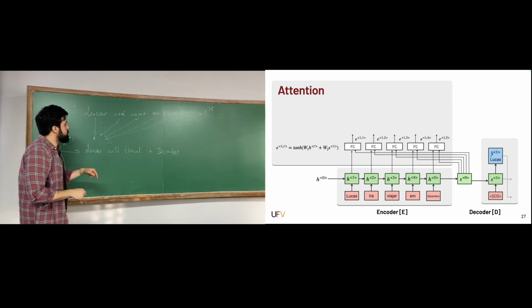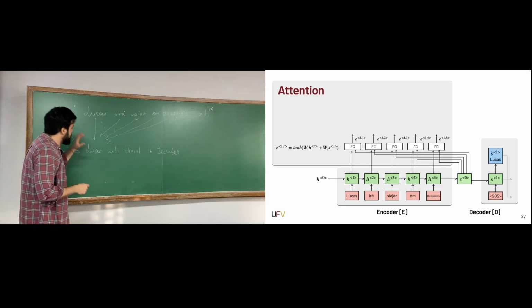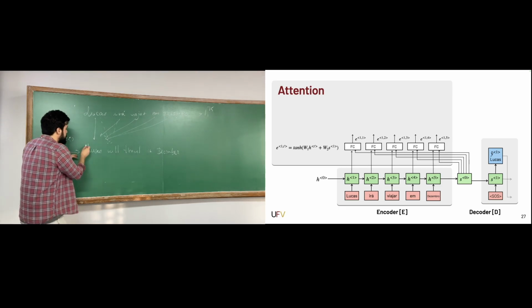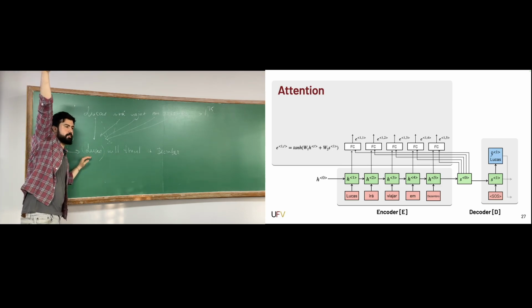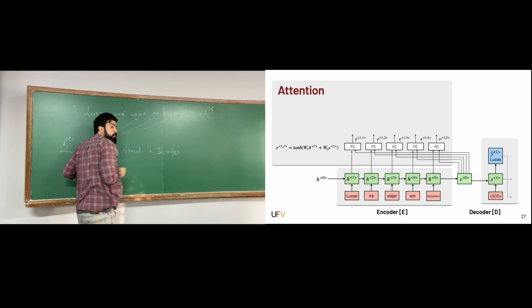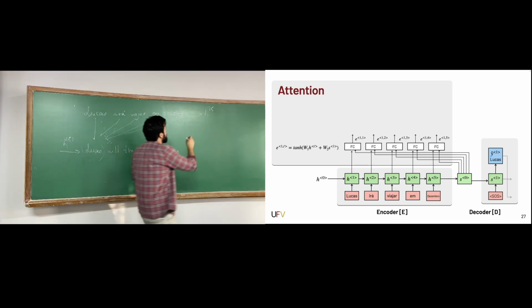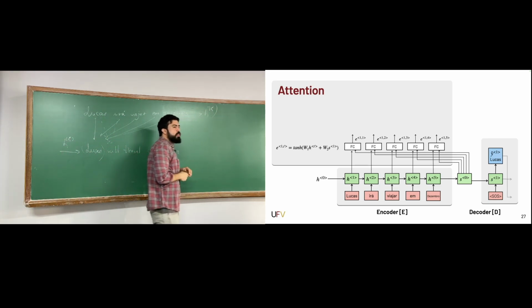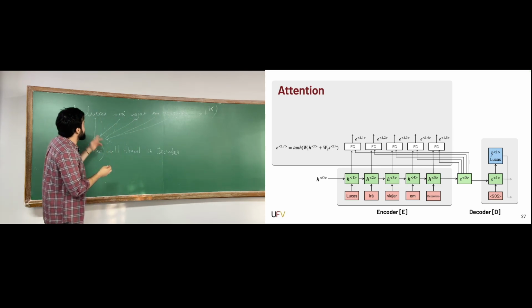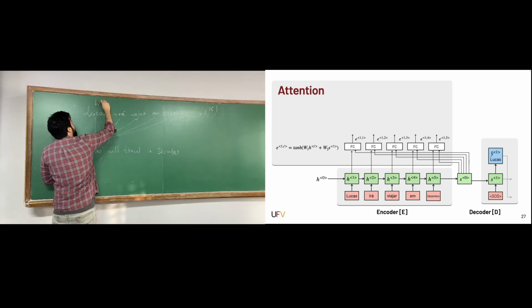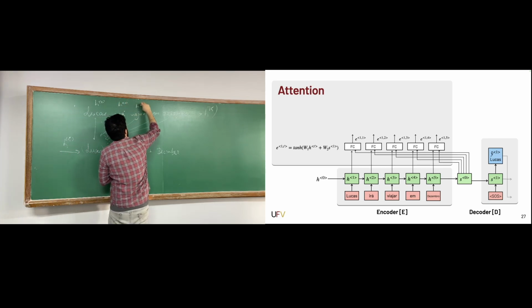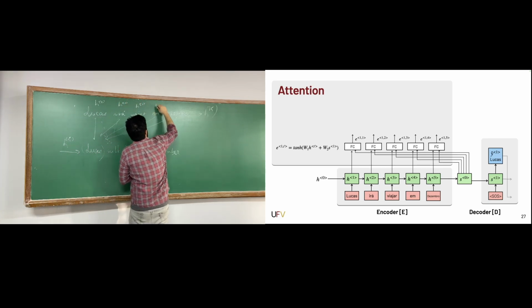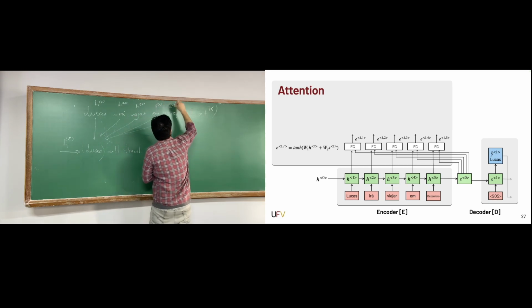I want to allow my model, before deciding the next word, to look at the whole sentence every time. So it doesn't have to just memorize the whole thing with one vector, because it will now have access to every hidden state before decoding and deciding which word to use.